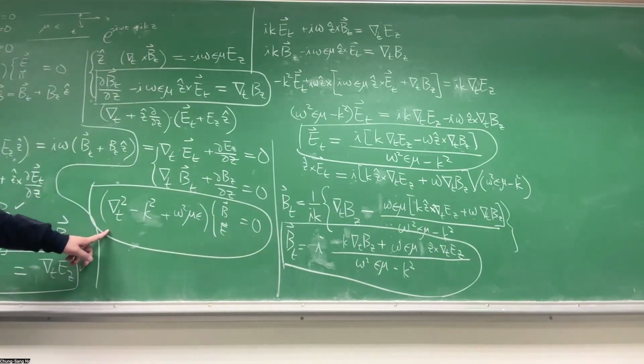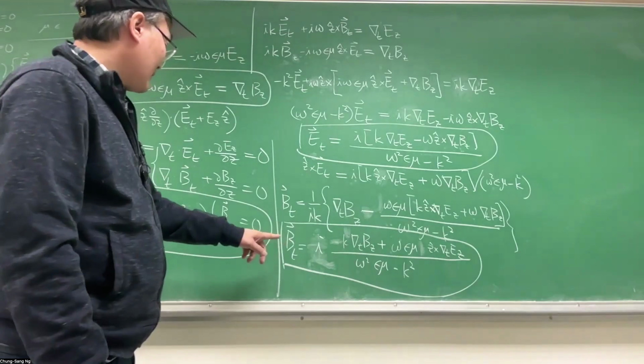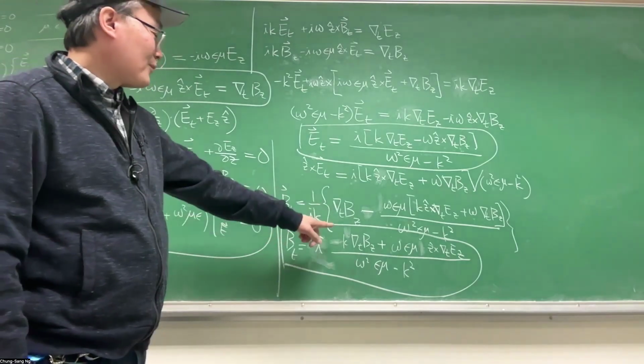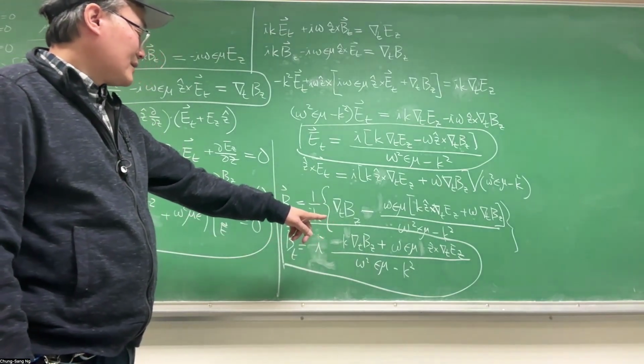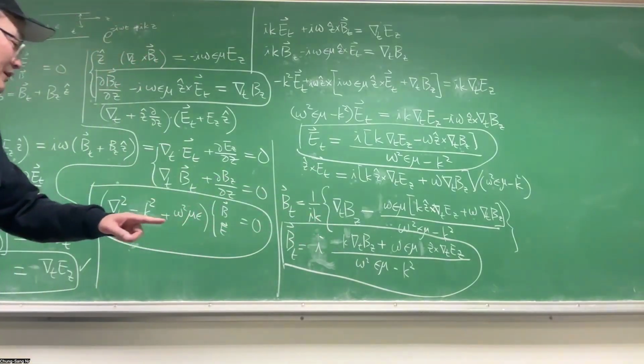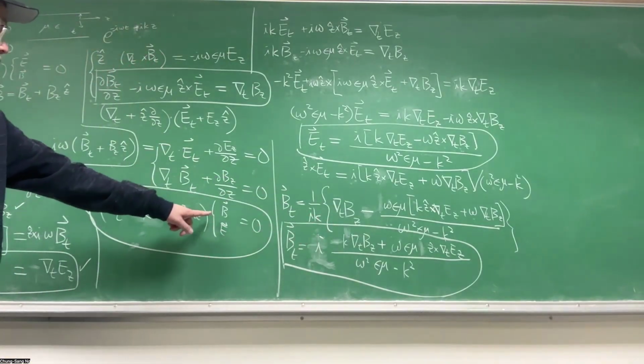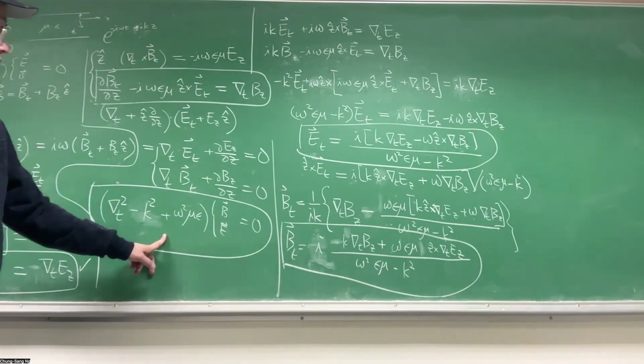But solving the differential equation is more difficult, so you want to just solve it one time, or 2 times because you need both e sub c and b sub c, and then once you have that, you don't need to solve for the transverse component from the wave equation.